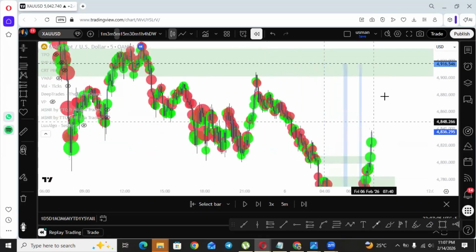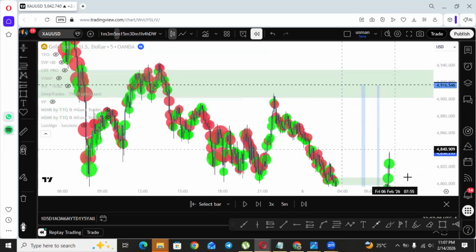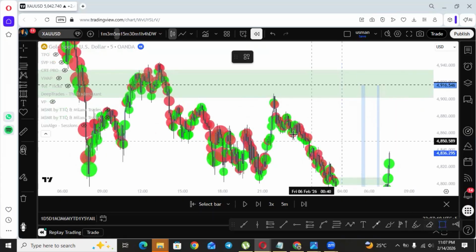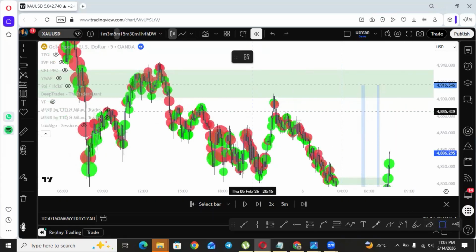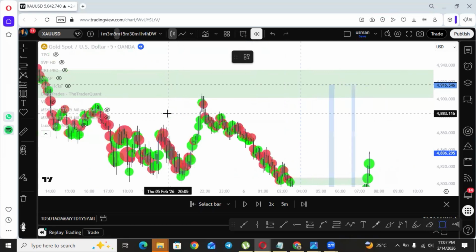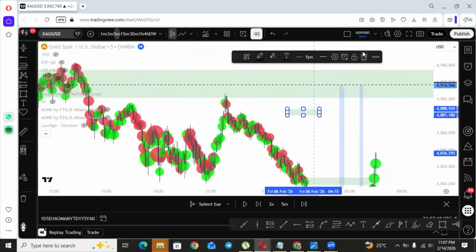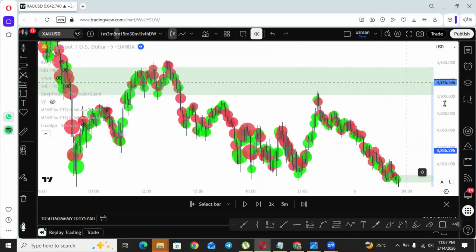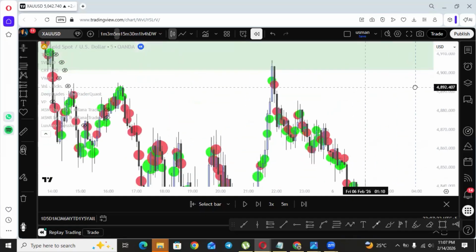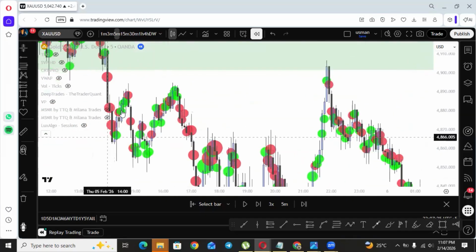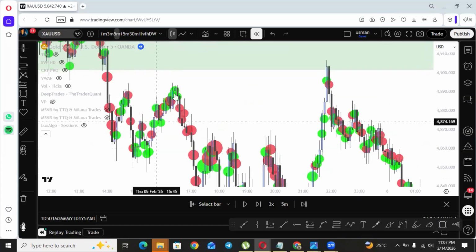Let's mark another area. So let me show you something. We have another hurdle over here. This was the area where buyers tried to push the market up.